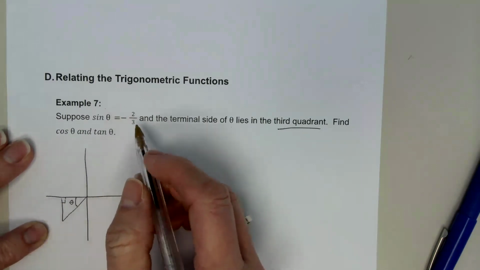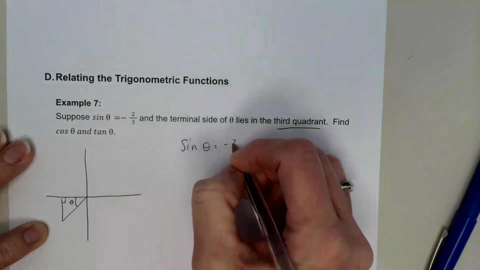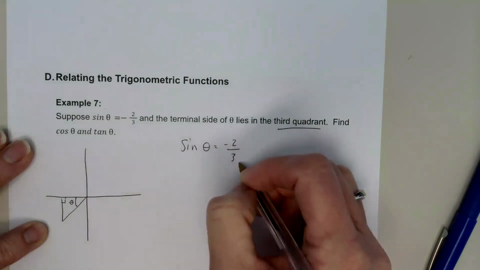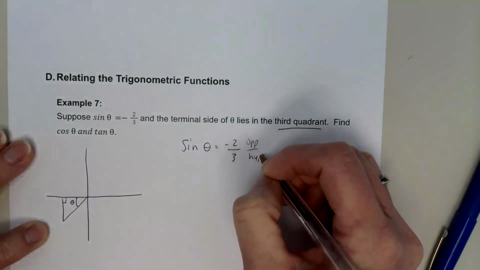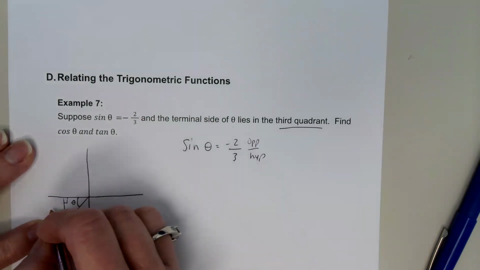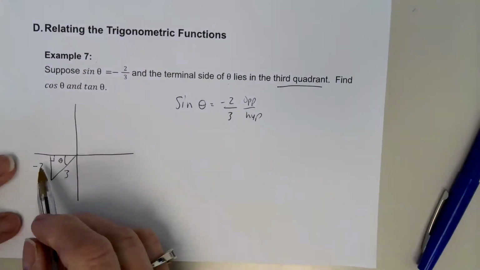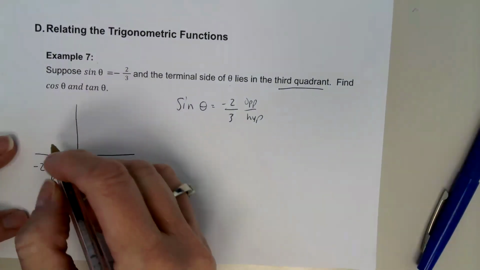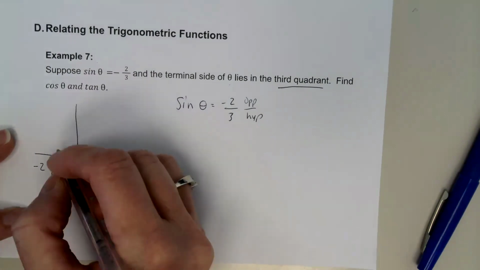And sine is a negative 2/3, which is the opposite over the hypotenuse. So that means my hypotenuse is 3 and the opposite is -2. So I know this information. I don't know what cosine is. I don't know what this x value is.